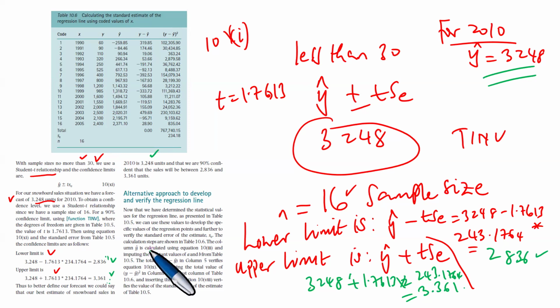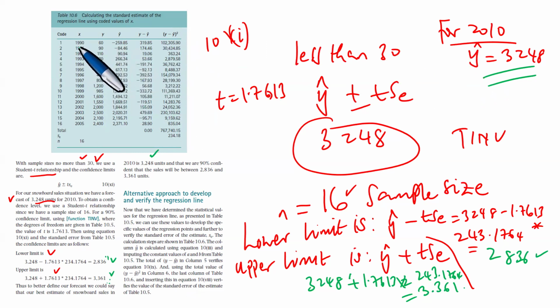So we are in a position to determine the rest of these values, like Y minus Y hat squared. The Y hat itself is the predicted or forecast value. How do we determine it? We use the regression line.